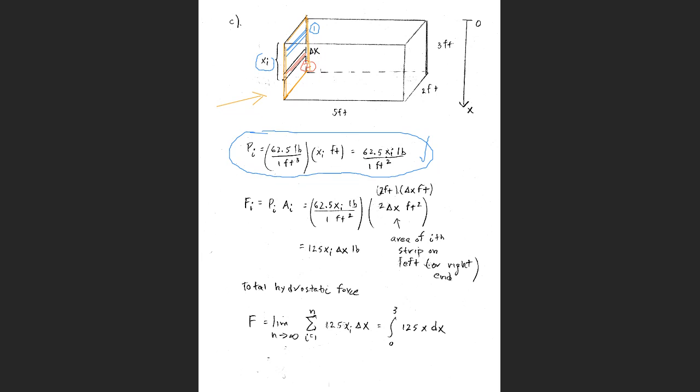The hydrostatic force, of course, is still defined as pressure times area, but now what would the area be for the ith strip on the left? Well, the area would be 2 feet times delta x feet. Area is base times height. The width is 2 feet, right? So that's the width of that strip.